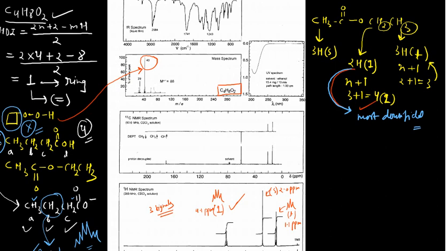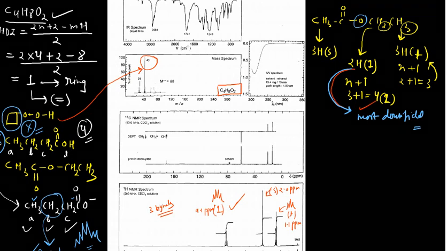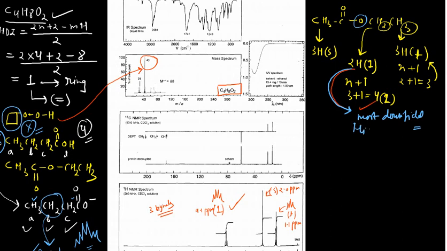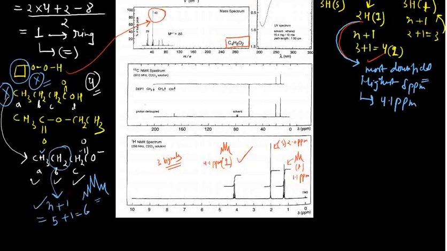Because it is directly connected with the electronegative oxygen, which is causing the deshielding, and deshielding means most downfield. Most downfield means highest delta ppm value, and it has a chemical shift of somewhere around 4.1 ppm. If you check the spectrum here, you can see it at 4.1 ppm.